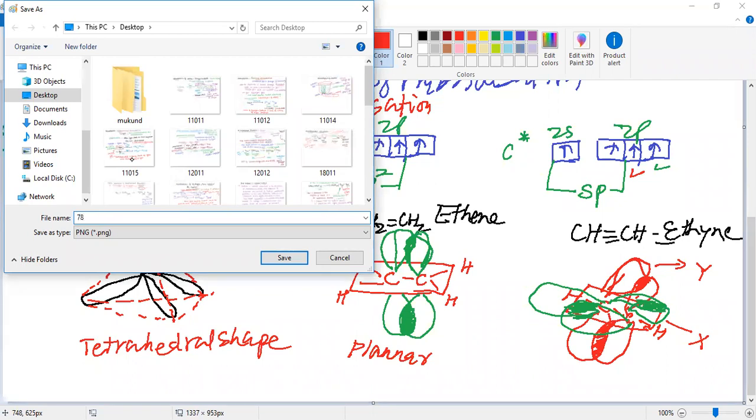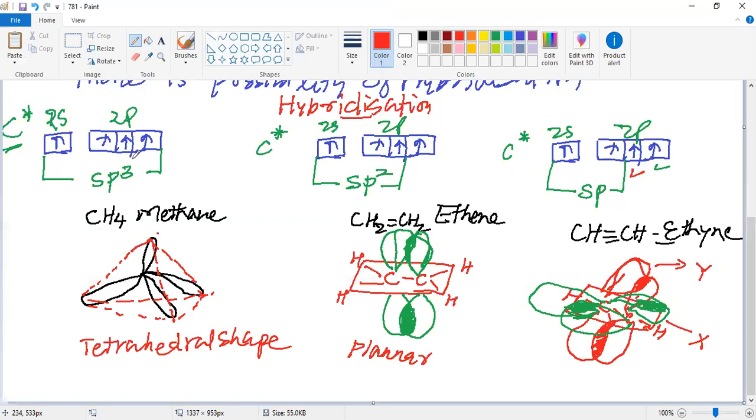CH3 bond enthalpy, last one. Okay, so that's what I need to explain to you once again, right? CH1, this one or this one? Name the compound. Ethene. This one?